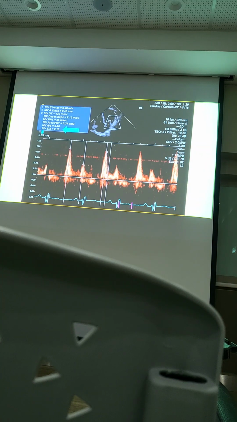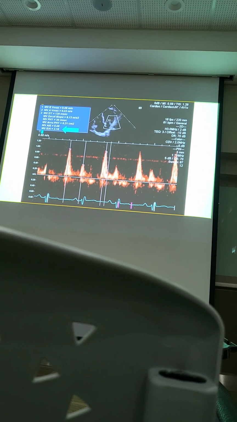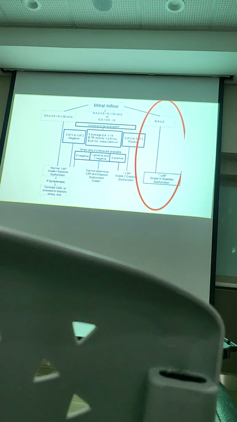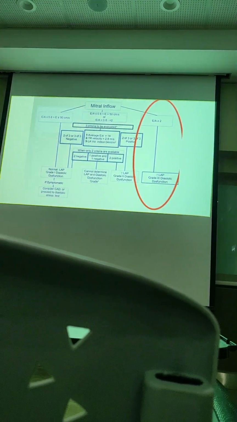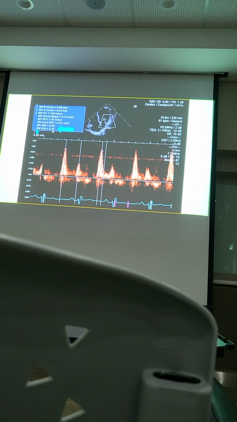So, okay, the EA ratio is more than, okay, firstly, which algorithm do we use? Number 1 or number 2? Number 2 lah, EF is poor. Okay, so when you go to number 2, you terus dah tahu dah, this guy have grade 3 LV diastolic dysfunction because the EA ratio dah more than 2.16. So tak payah nak go through all the hassle, okay?